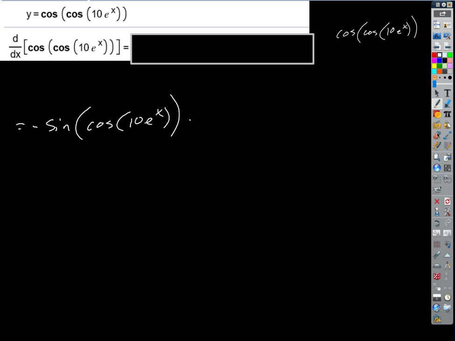So we erased this part. Lily, what's the next layer going to be? If I peel that one away, now what have I got? Negative sine of 10 e to the x. Okay, so we've got cosine of something, so we've got another cosine function. Derivative is negative sine of 10 e to the x. Good, so we can erase that one now.